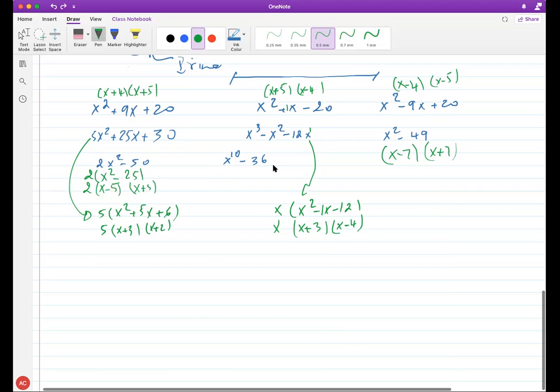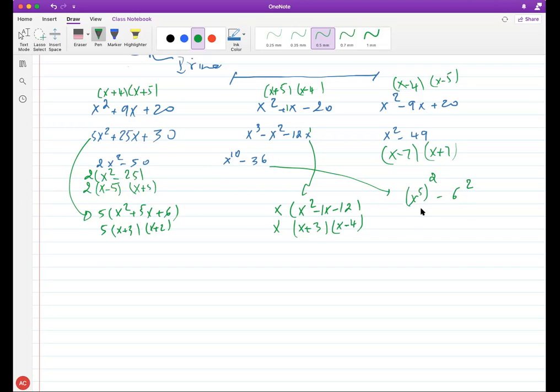Which is x to the 5th minus 6, squared. Now we have a difference of squares: x to the 5th minus 6 and x to the 5th plus 6. That's right. So you've got to make 2 squares out of your expression.